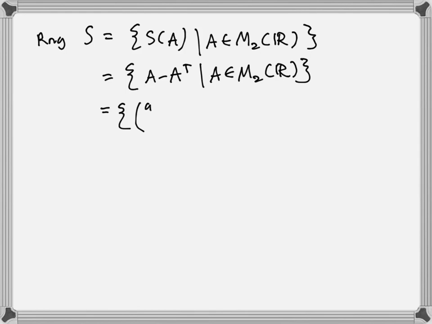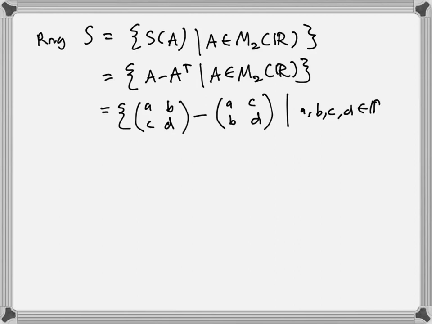If you take A, B, C, D, and you subtract A, C, B, D, because that would be its transpose, and this is all possibilities, right, of matrices that look like this.